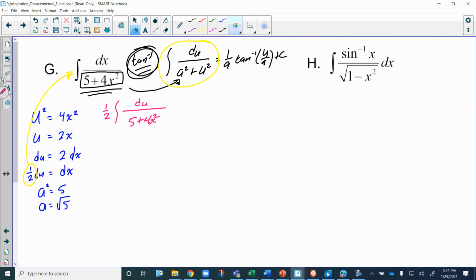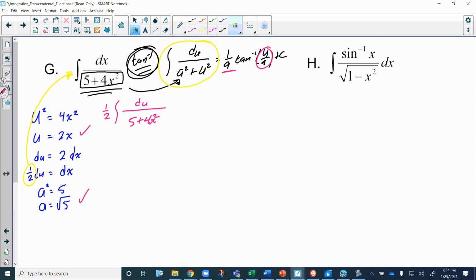But we want to make sure that we can identify specifically what is the u value and what is the a value, because those are things that are used in the rule for the integration of arctan.